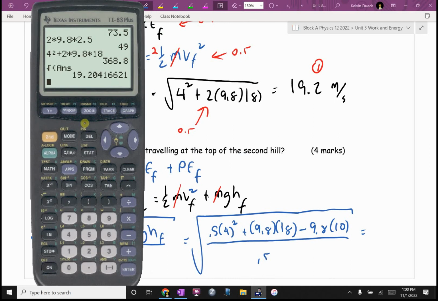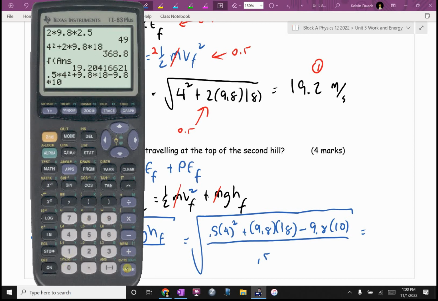Thank you. 0.5 times 4 squared plus 9.8 times 18 minus 9.8 times 10, divided by 0.5. Square root of that? Whew. Well, I know it's going to be less than 19.2 because we've gone higher. 13.1? Is that right?